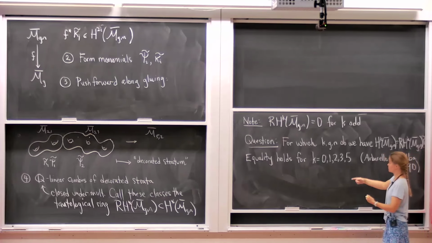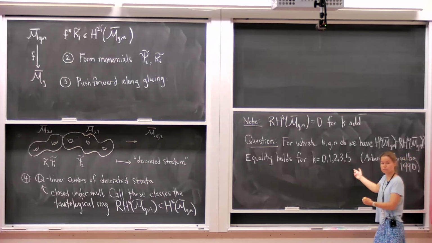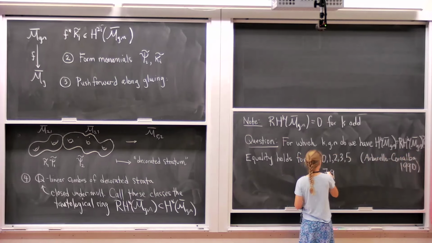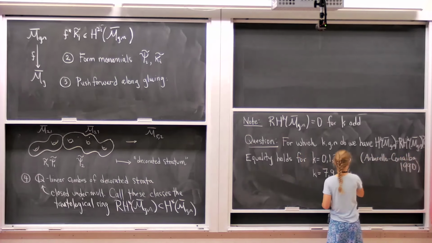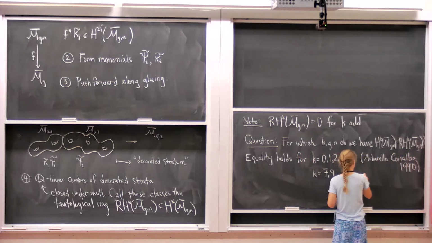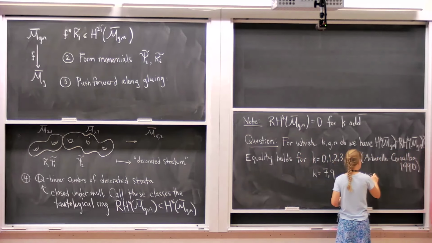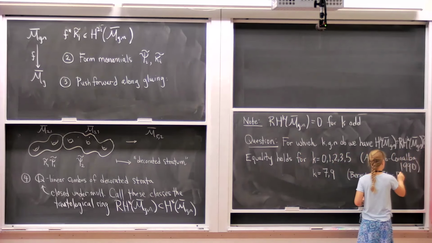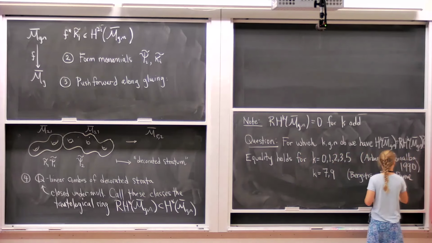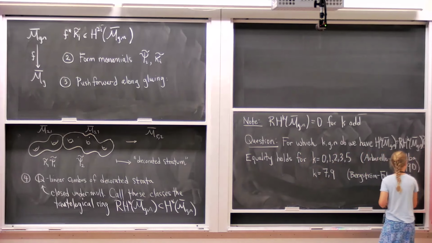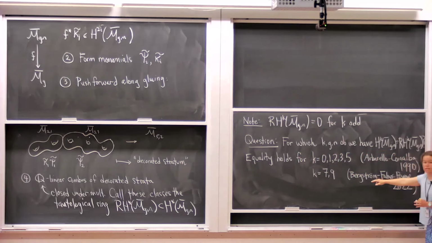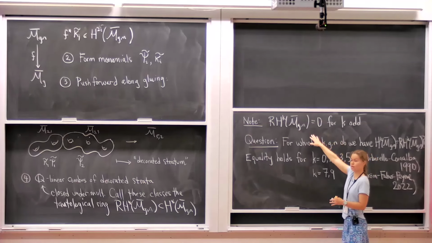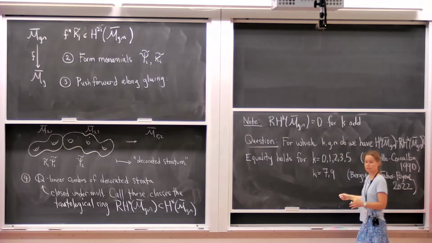But progress has been made in the next odd degrees. More recently, for k equals 7 and 9, Bergström, Faber, and Payne proved that equality holds in these cases, which again is just vanishing of the cohomology for these odd values.